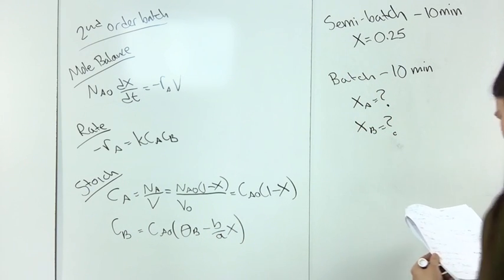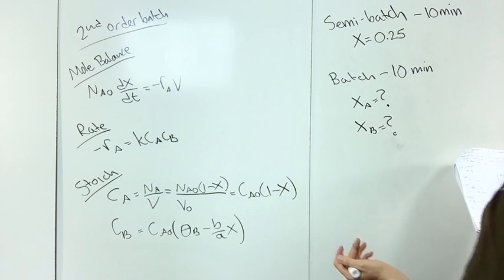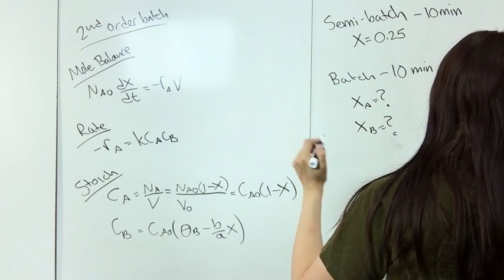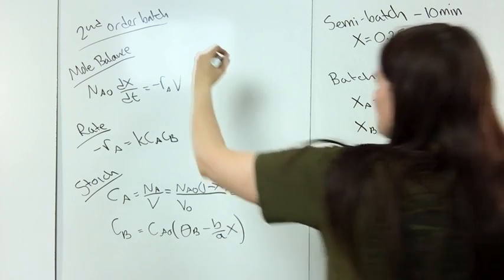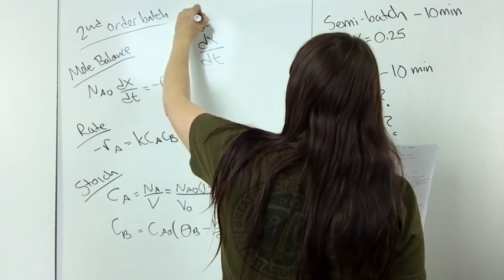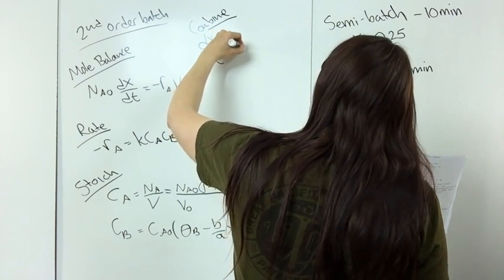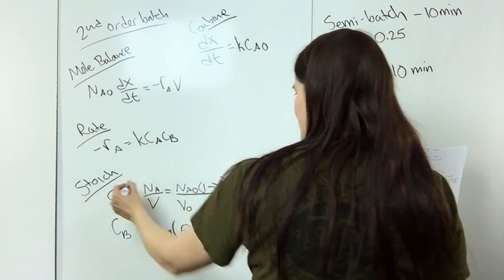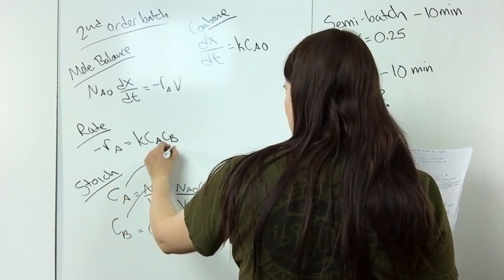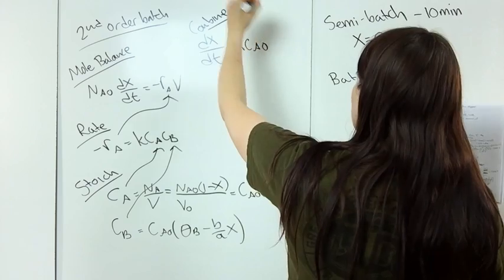So then we can combine everything, and so if you do that, let's go up here, dX/dt, so this is combined, is equal to k C_A0, because I'm just plugging these in, squared.